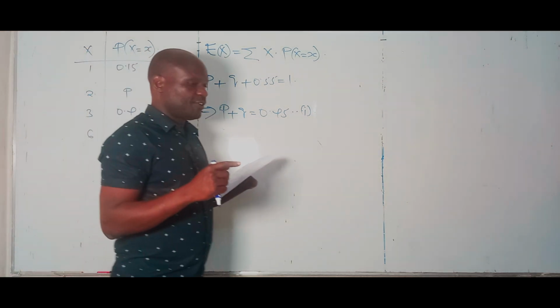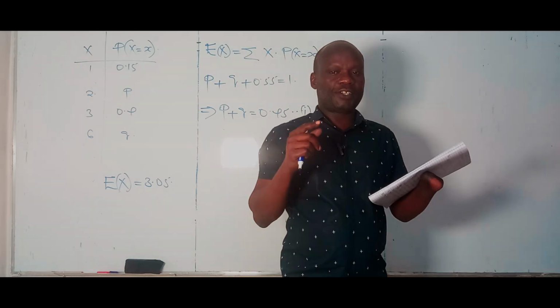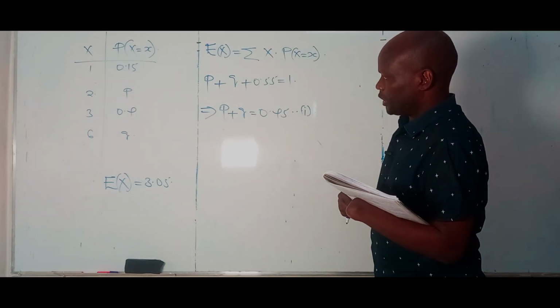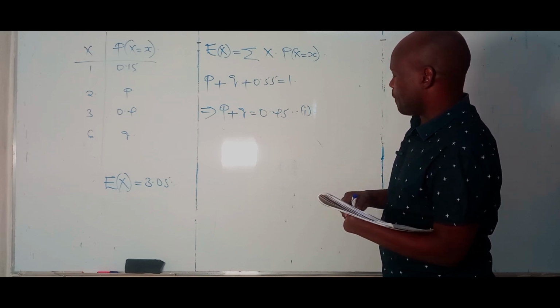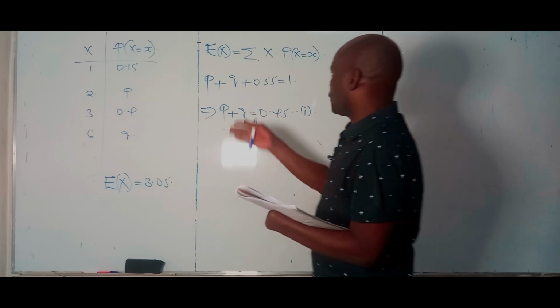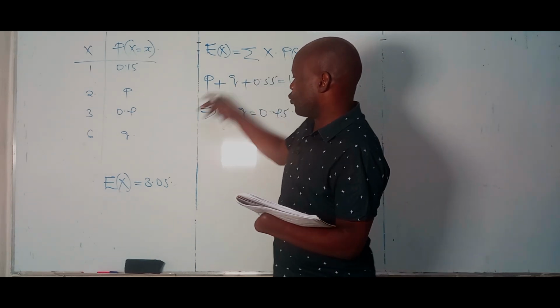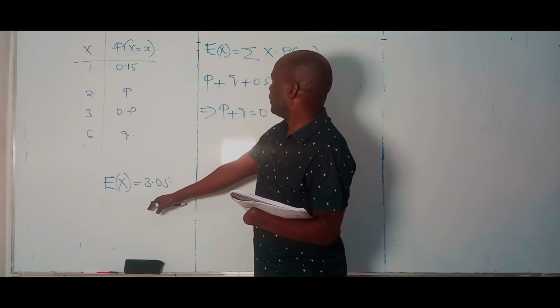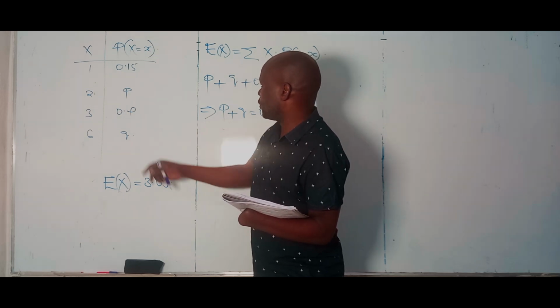This is a discrete random variable. A discrete random variable takes up whole numbers or integers. So we use this and equate to this. Then that will allow us to form the other equation.